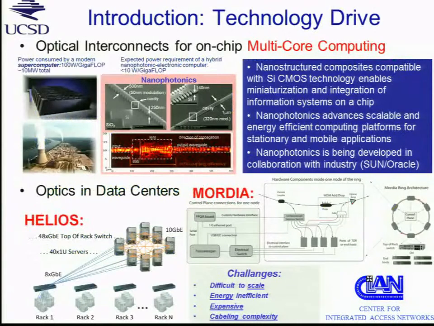So our work has been driven by two major applications. One is optical interconnects for chip scale multi-core computing, and we have been working towards this goal for quite a few years. We collaborate with industry, and if you go to Sandia National Lab and look at the power that you need to feed a supercomputer, you end up with a power station.